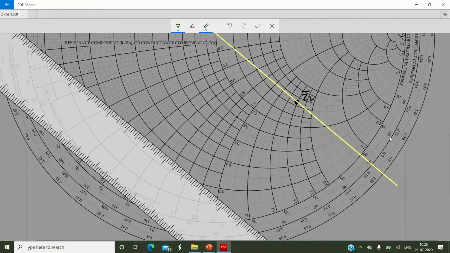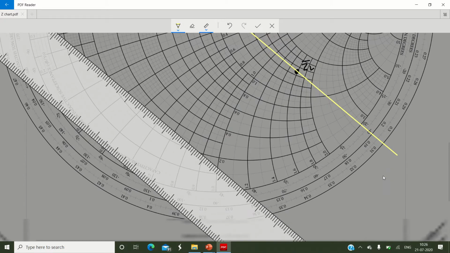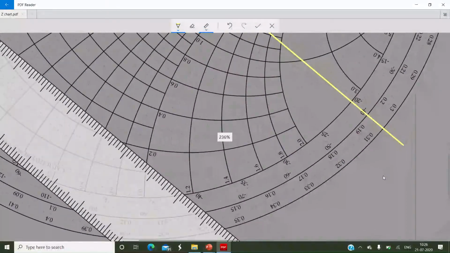Now what you need to do is read the value where this yellow straight line is intersecting the outermost scale. Please remember from the earlier discussion of Smith chart basics, the outermost scale represents wavelength towards generator, which is measured always clockwise. Here I will zoom in into this particular region.